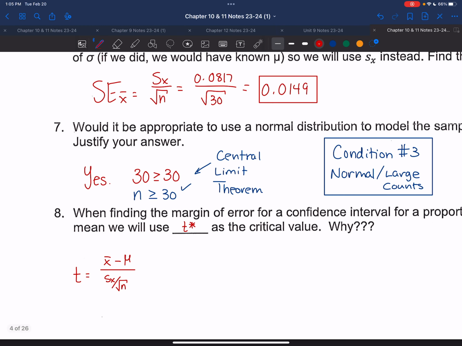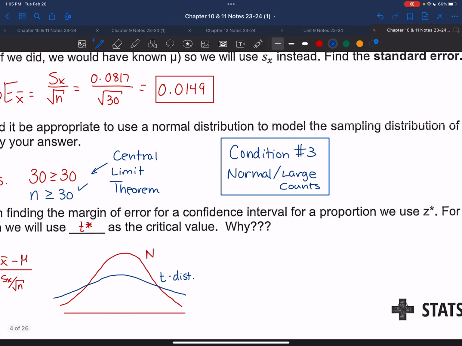And the reason we do this: if I drew a graph, this would be a normal curve, kind of like this. A T distribution is a little bit more spread out than a normal distribution. So this is a T distribution. And we use a T distribution because we don't know what mu, our population mean, or sigma, our population standard deviation, are.